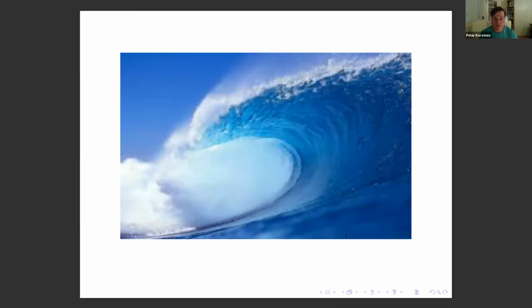Another example, wave dynamics, the wave equation. Right now in the Tokyo Olympics, there are surfing competitions, so you could see those waves. The surfers catch them and float, and surf. Although I must admit that the water is not as transparent as in this picture.